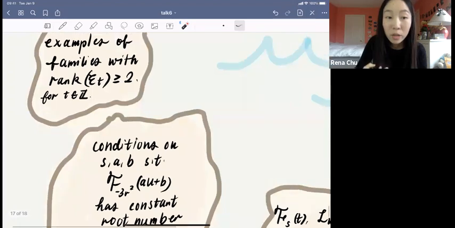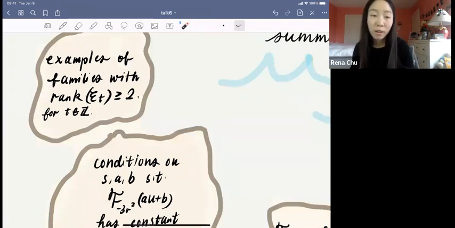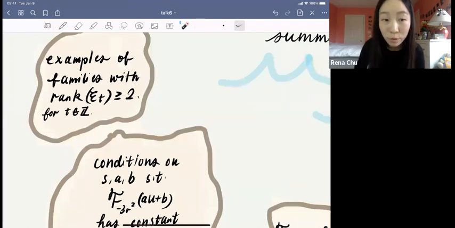In particular, we are able to generate examples of families where all of its integer fibers have rank greater than or equal to 2, which is particularly interesting because this is a relatively rare occurrence, given that your usual run-of-the-mill elliptic curve has, or at least is conjectured to have, rank 0 or 1.